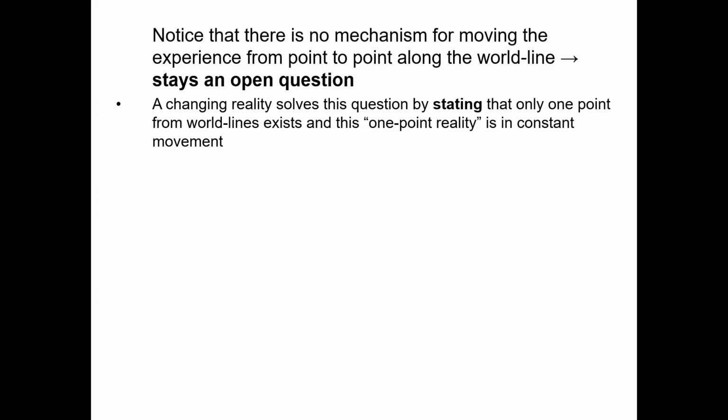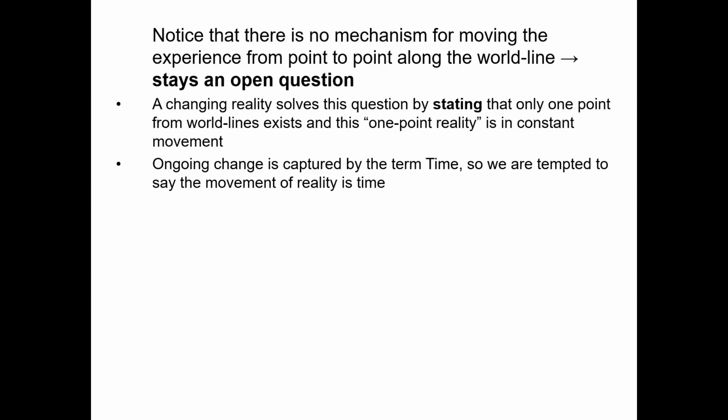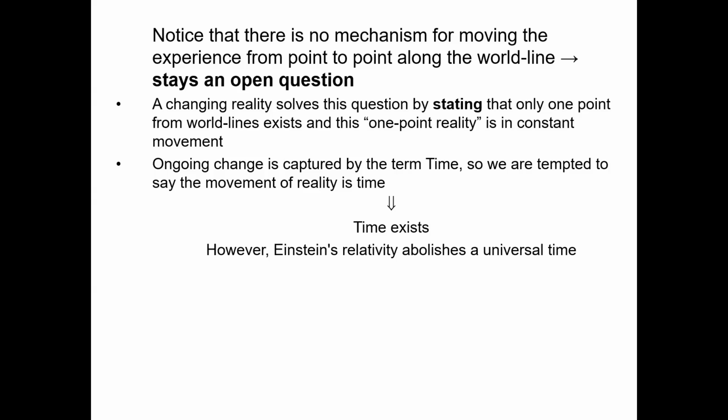But I want to caution you that ongoing change in our day-to-day life is captured by the term time. So we are tempted to say that the movement of reality, of this changing reality, is time. And this means that time exists. However, Einstein's relativity abolishes a universal time.